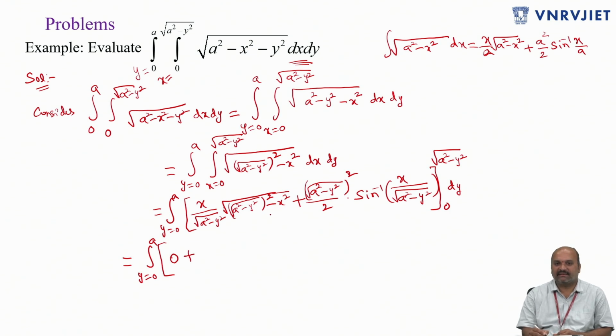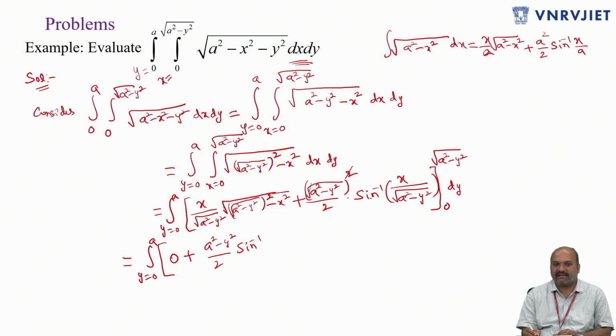Similarly, plus, here we substitute now. The square root and square get cancelled, so that we have a square minus y square divided by 2, into sine inverse of x.